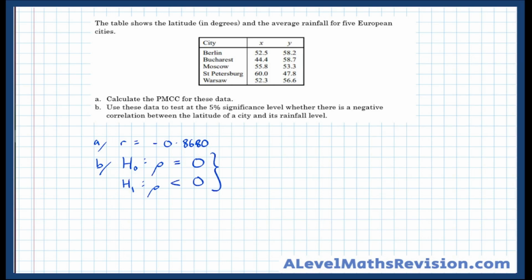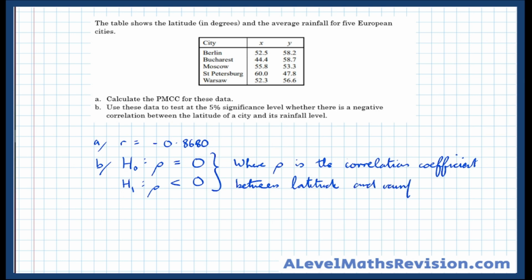And remember, you must define rho in words, where rho is the correlation coefficient between latitude and rainfall for the population of all cities.